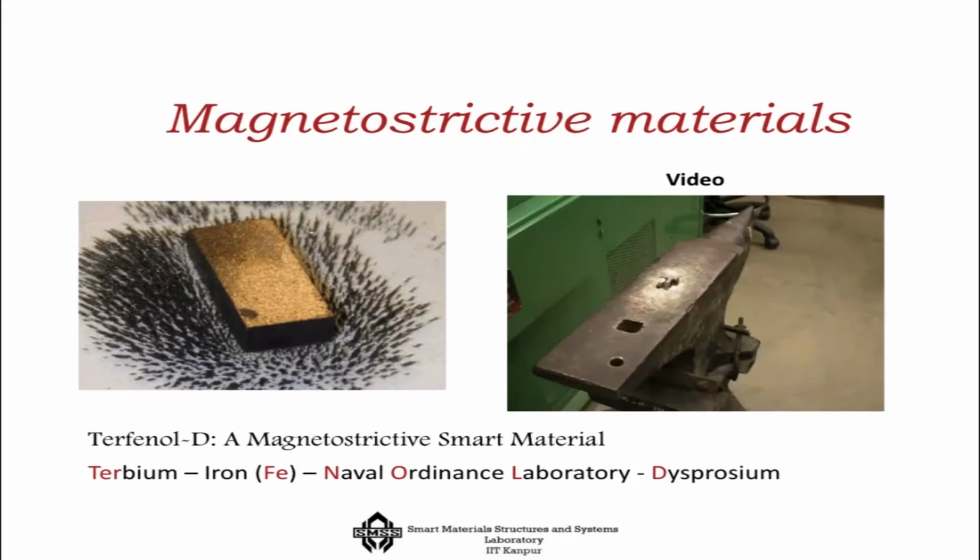We will first talk about the magnetostrictive materials, and the name itself is somewhat suggesting that these are materials which have a magnetic connection. Yes, indeed, these are materials which respond to the change in magnetic field.